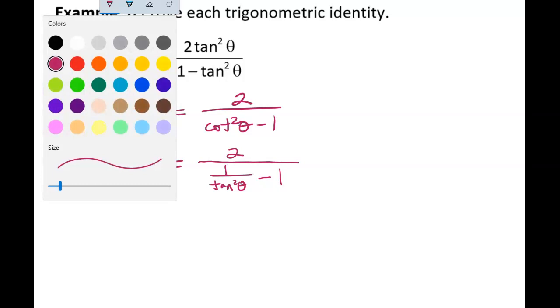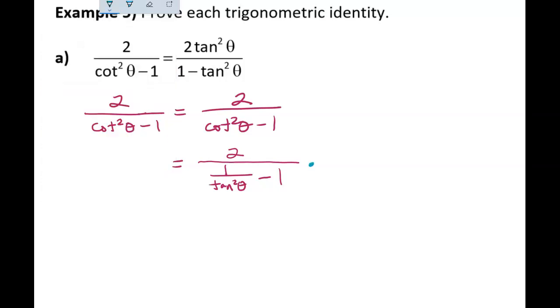Then we have a complex fraction, and we can simplify that complex fraction by multiplying the numerator and denominator by the LCD of all the little mini fractions on the inside.